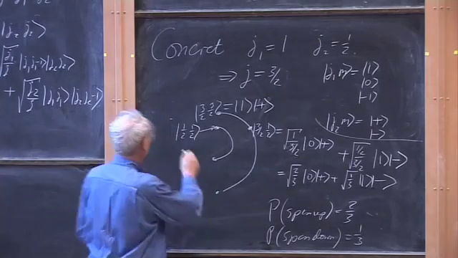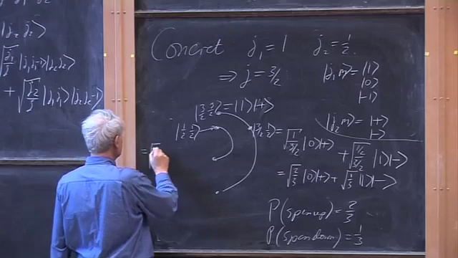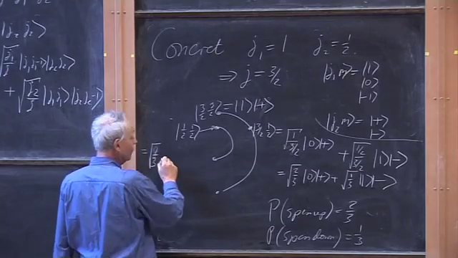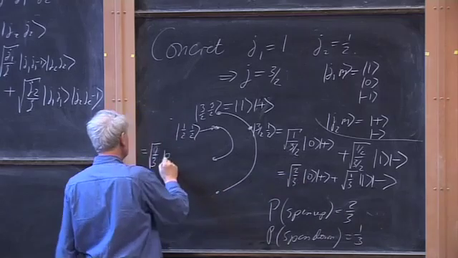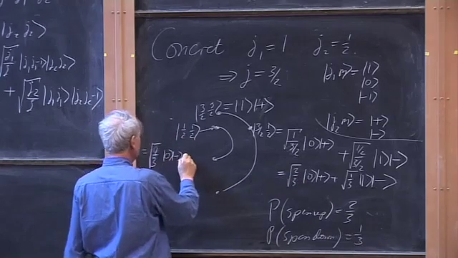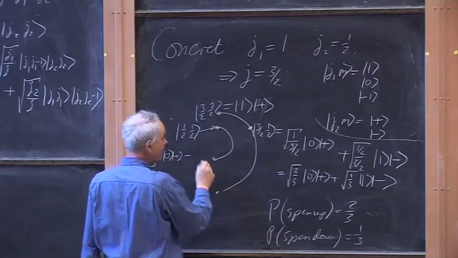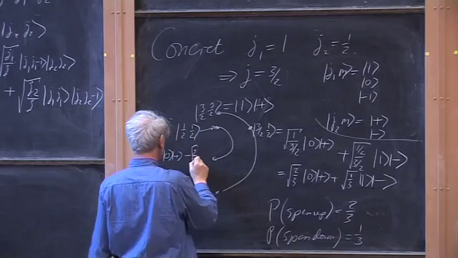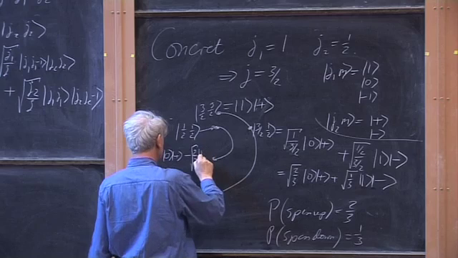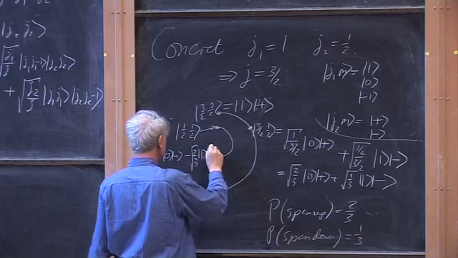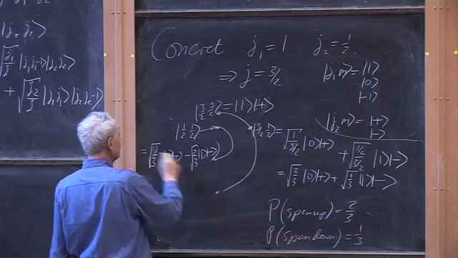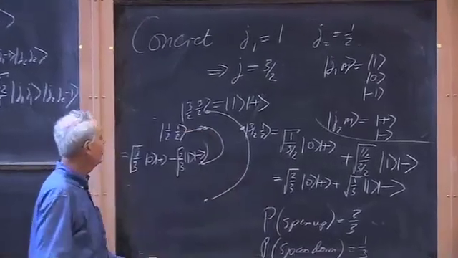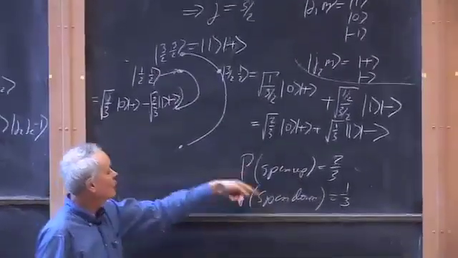And what is it going to be? It's going to be root 1/3 of this, |0, +⟩ plus, minus root 2/3 of |1, −⟩. So now, in this state, the odds, when you look in the box, of what you find are changed.